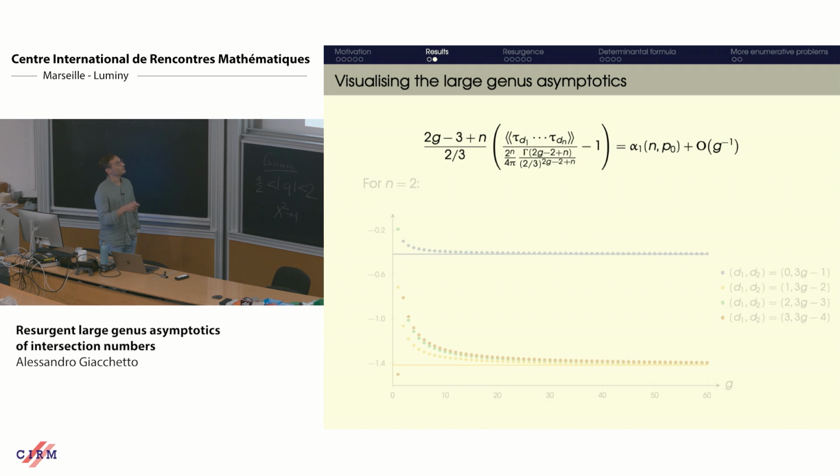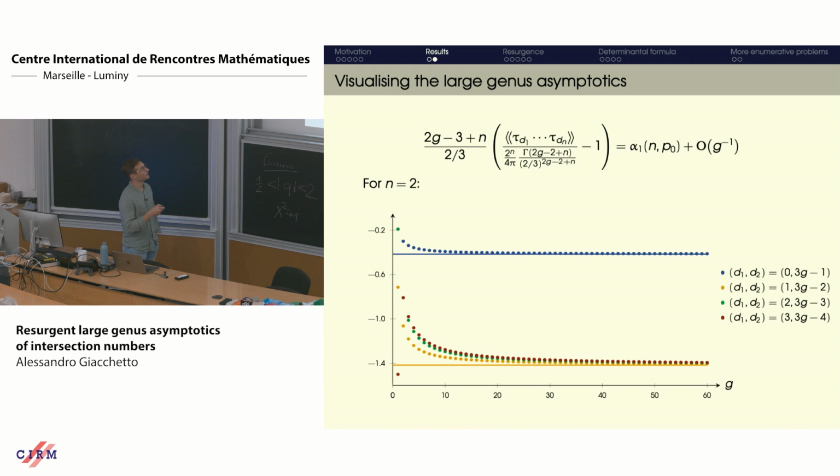So if you rearrange the formula like this, you can compute alpha 1 up to corrections in 1/g. And as I was saying, this alpha 1 depends on the di's. And one can see this by plotting the left-hand side of this equation for different values of the di's.